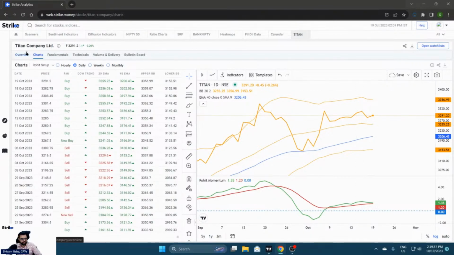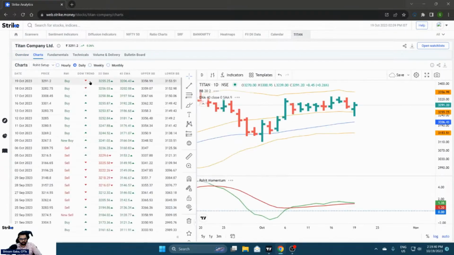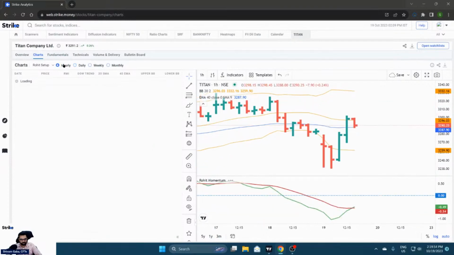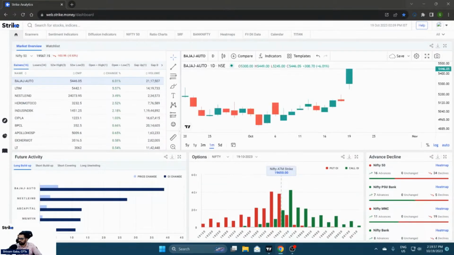The final confirmation would be crossing this range to the upside, and the 20-day average should act as a support. So we can have more charts to discuss.